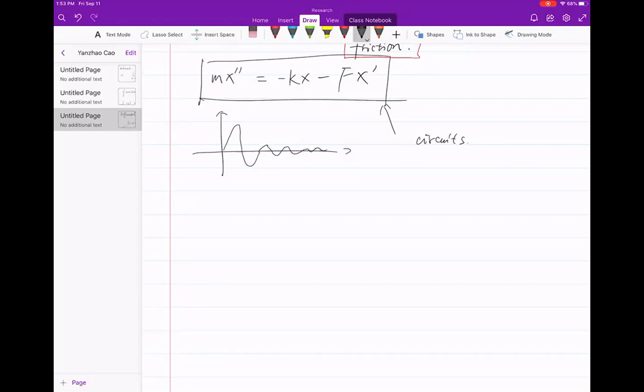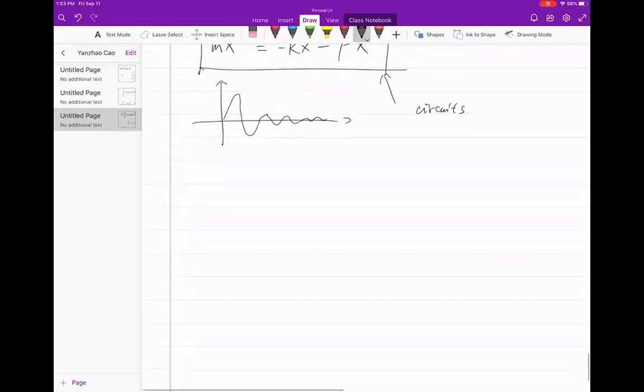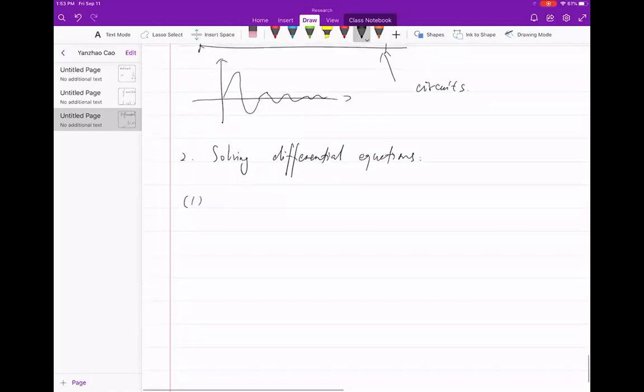Now, of course, how do we solve differential equations? I already give you some hint. The first one is you just solve it by calculating.